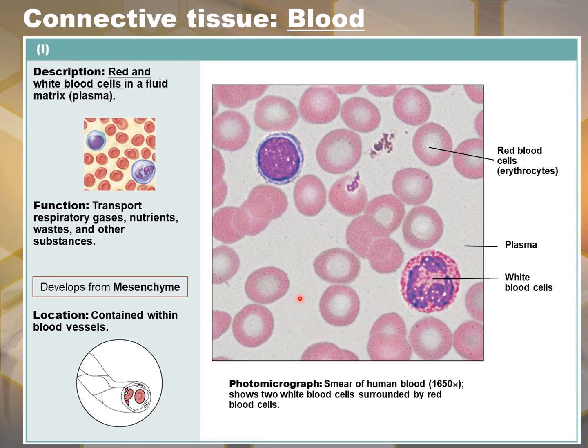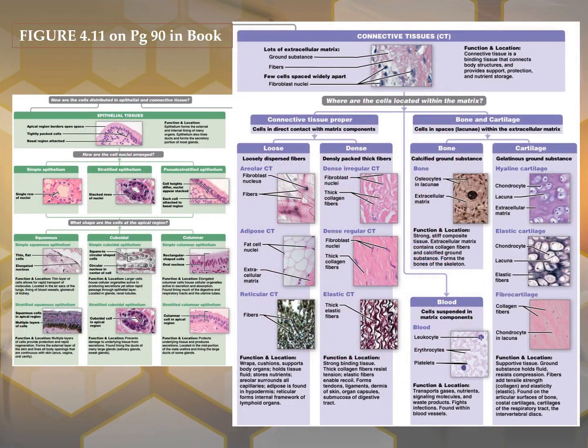But again, our red blood cells and our white blood cells do not produce the plasma like our other connective tissue cells. Okay, but it's going to be transporting gases and nutrients, but also the wastes. Okay, and it does live within the blood vessels. Okay, we shouldn't see blood outside the blood vessels.